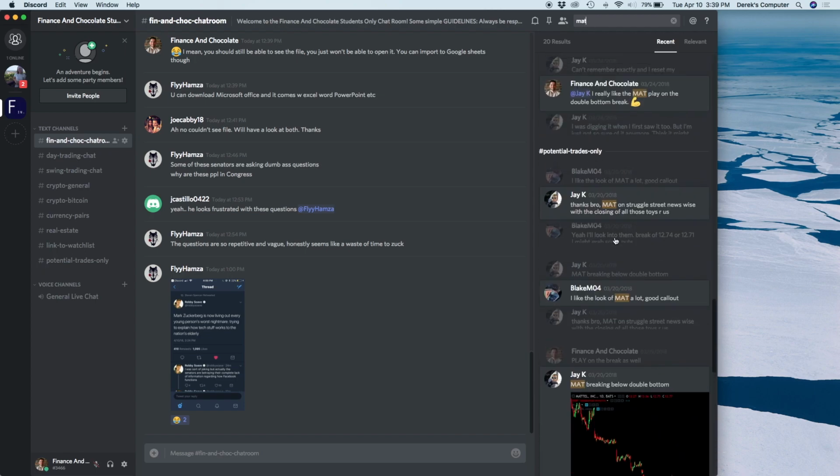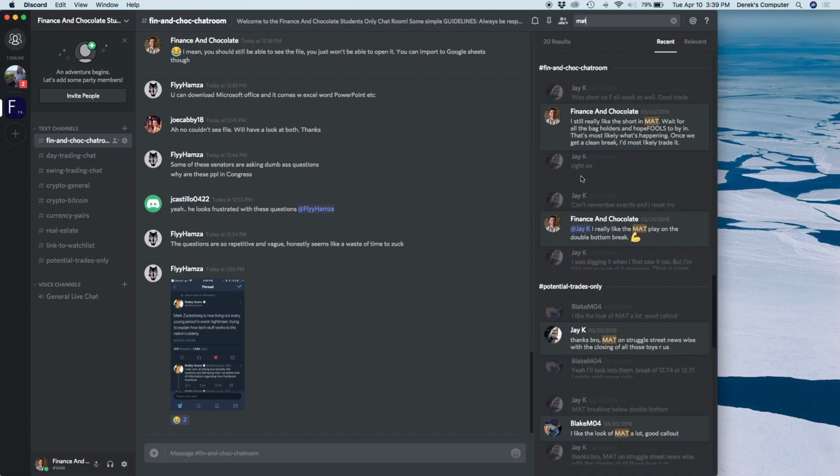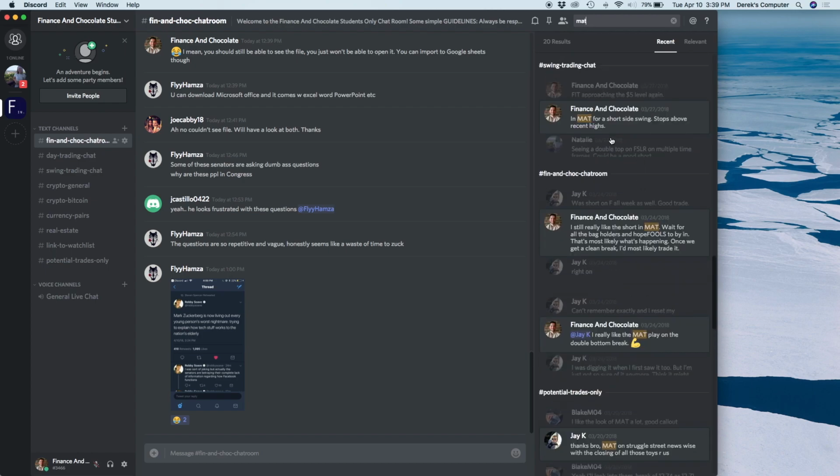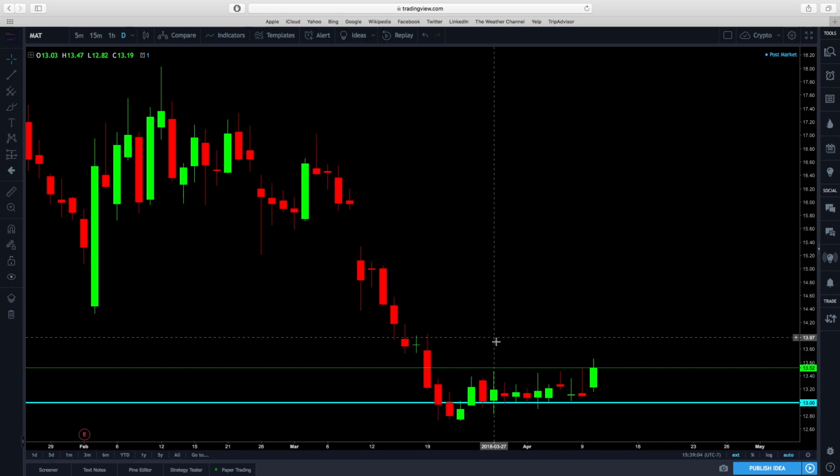Plan the double bottom, the 24th. In MAT short. All right, so that's 3/27. So let's go back over here. 3/27, right here, this is when I entered short. I entered right around 13.33, 13.34, right in this area.